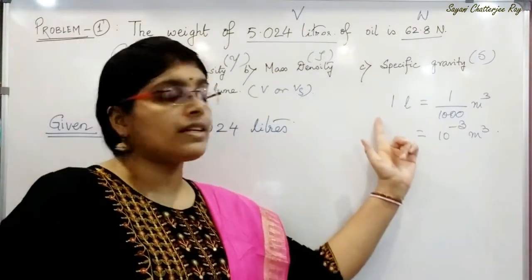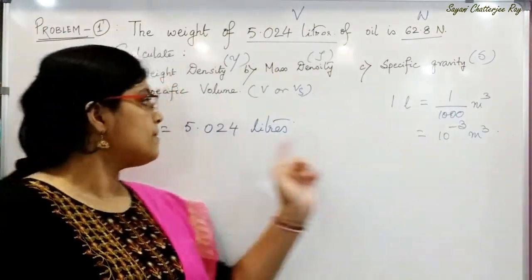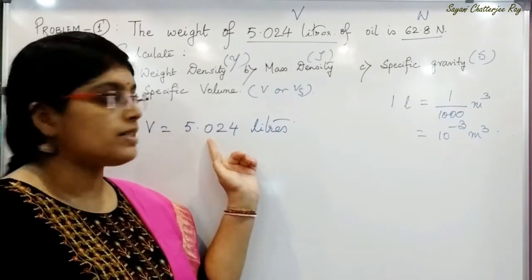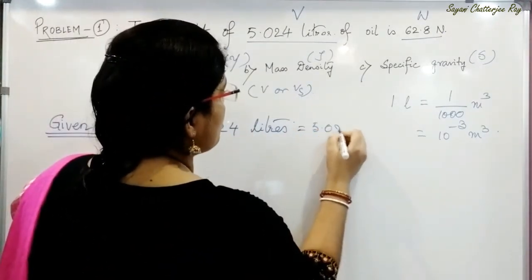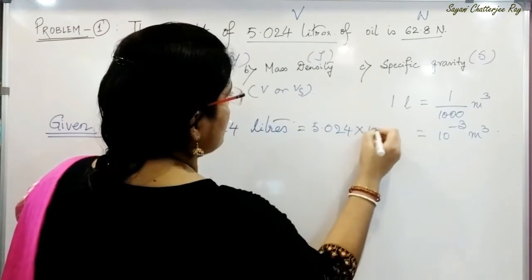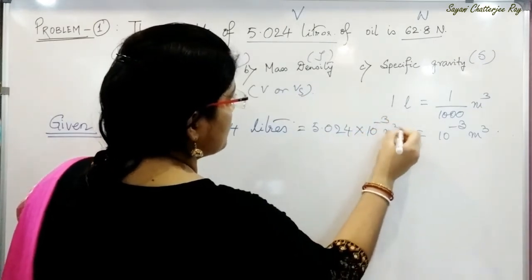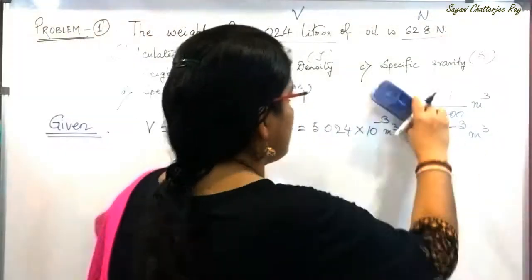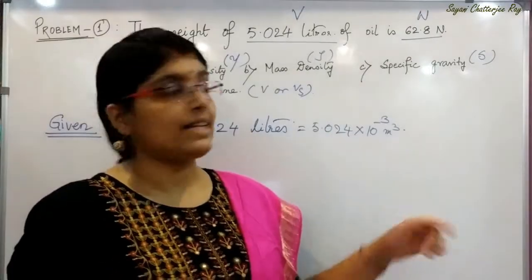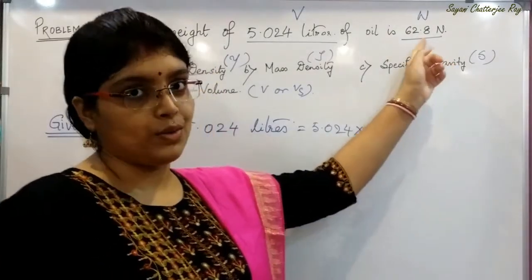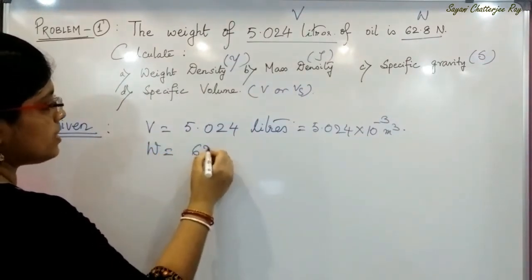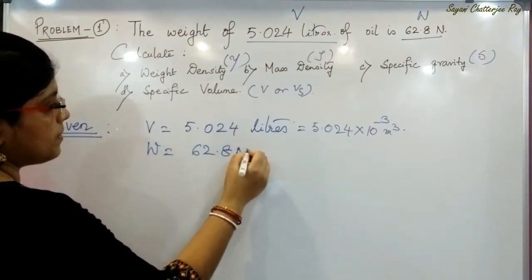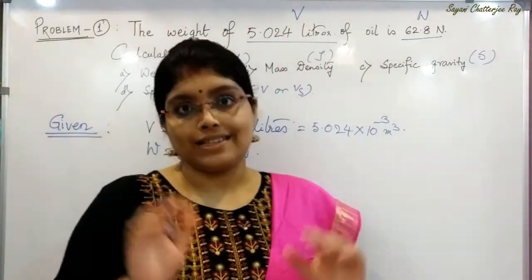So if 1 liter equals 10 to the power minus 3 meter cube, then 5.024 liters will be equal to 5.024 multiplied by 10 to the power minus 3 meter cube. Next given data in the question is W. W equals 62.8 Newton. So our given data is ready with us.